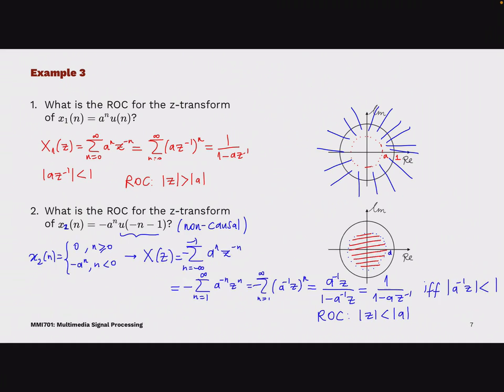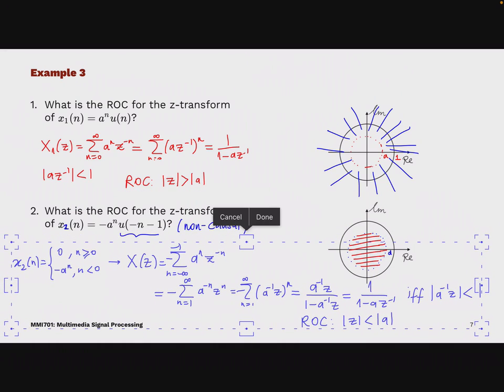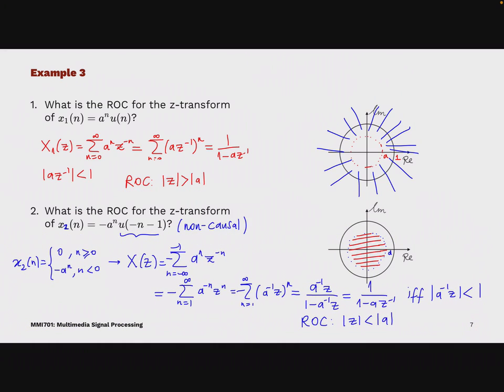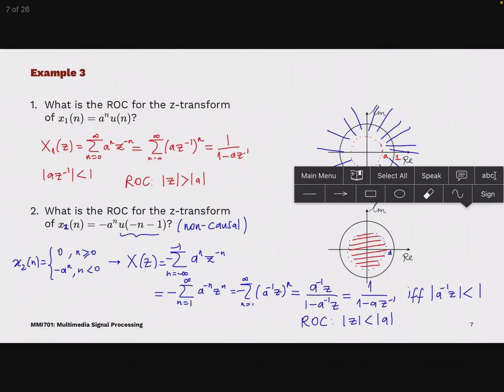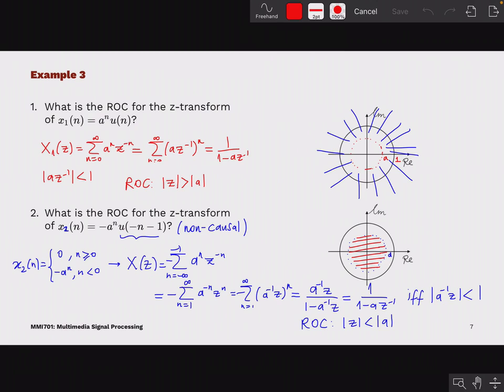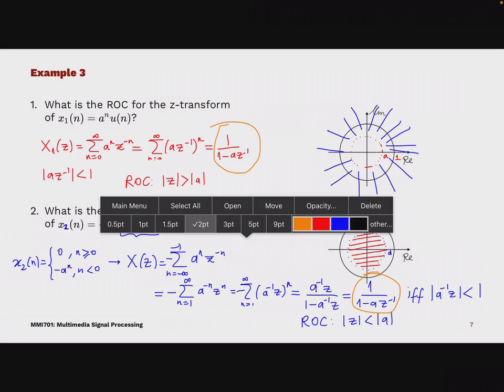But there is this interesting fact, however, and it's going to become clear when you look at these two things. I'm just going to put it with perhaps a different color. So let me just select the yellow. So this and this have the same expression. So Z transform of x1 and x2 are the same.